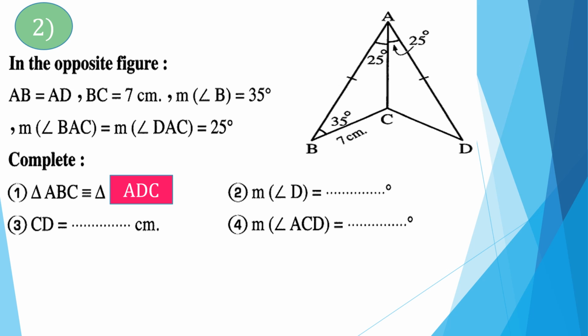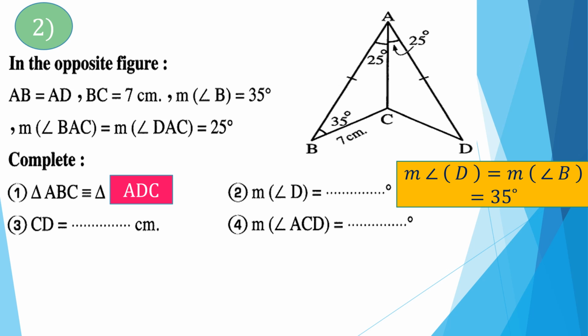Number 2: measure of angle D equals what? Since the two triangles are congruent, measure of angle D equals the measure of angle B, which equals 35 degrees.